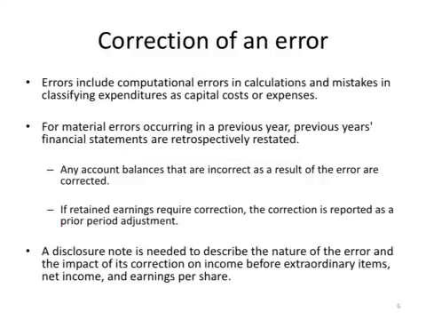Remember, if the error affected prior years' earnings, we're unable to go in and correct the revenue or expense numbers because those accounts have been closed to retained earnings. So our adjustment is made directly to retained earnings with a disclosure note to describe the nature of the error, the impact of its correction on the income statement, net income, and earnings per share.